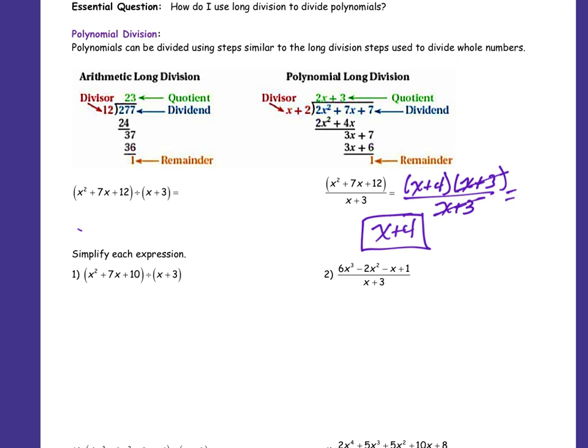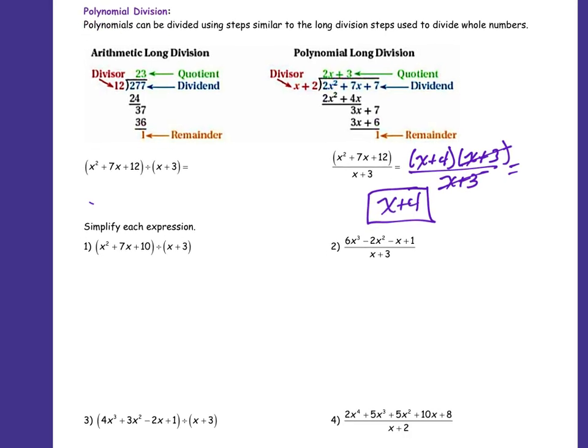I sent it to Miss Martinova and asked if she had ever seen it before. She said no, and we both were like, what the heck? I'm not going to say it's so much easier, but on some problems it's a lot easier. On some problems, the setup is not worth it. So I'm going to show you both ways today, and then you can choose which way you want to do it, either way.